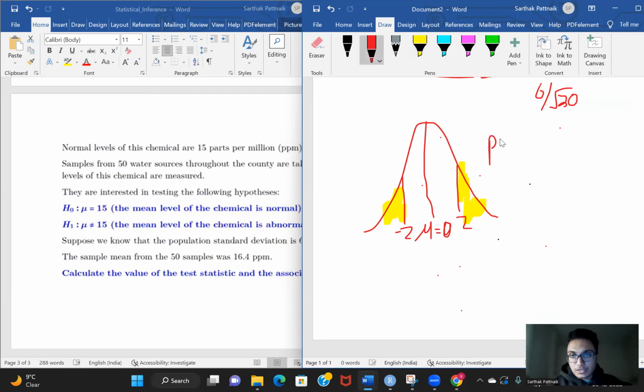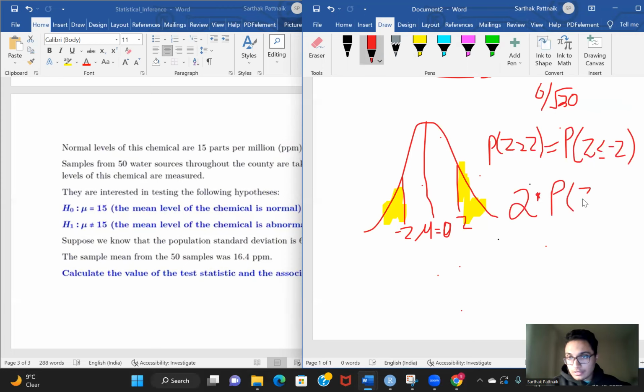So P of z greater than or equal to z is the same as the probability of z less than or equal to minus z, which is why the probability for this question will be twice the probability of z greater than or equal to z.